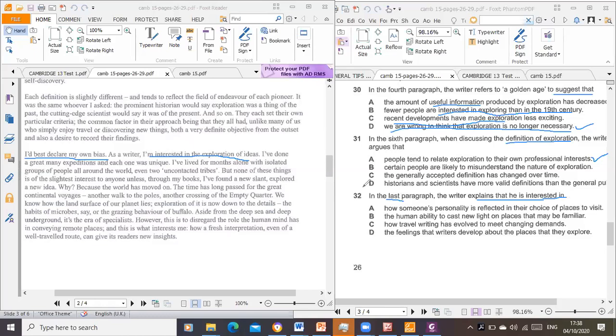Okay, exploration of ideas. So let's see if we can even answer that straight away. How someone's personality is reflected in their choice of places to visit, the ability to cast new light on places that may be familiar, how travel writing has evolved to change, and so on. The feelings that writer, now we need to, so I'm interested in exploration of ideas.